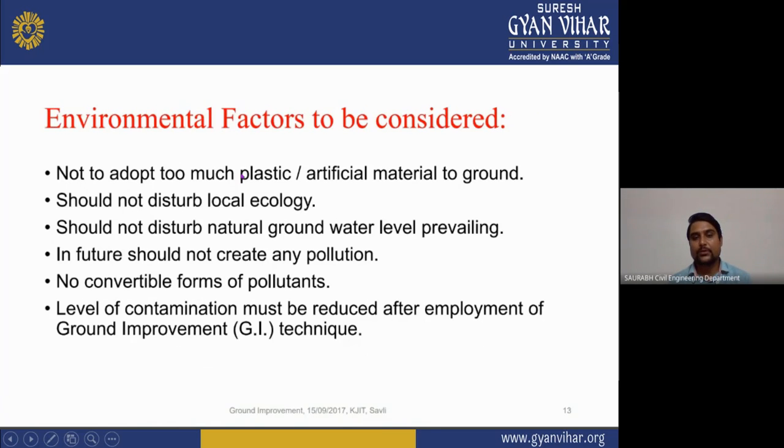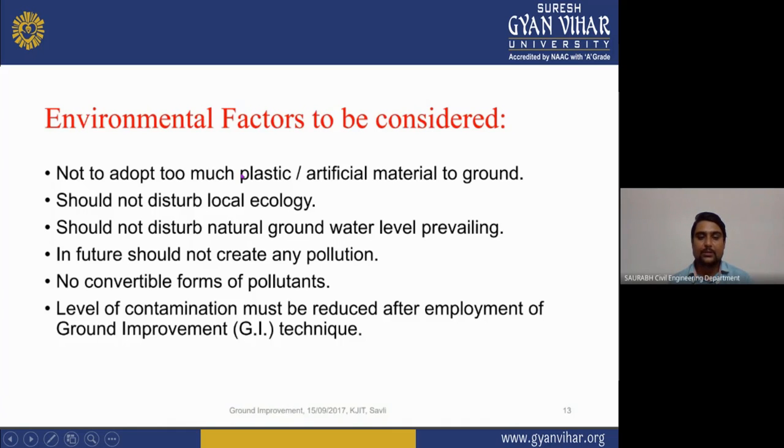What environmental factors should be considered for ground improvement? We should not adopt too much plastic or artificial material in the ground. It should not disturb the local ecology, should not disturb the natural groundwater level, and in future should not create any pollution, no convertible form of pollutant.